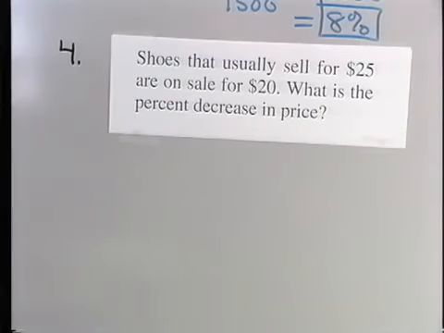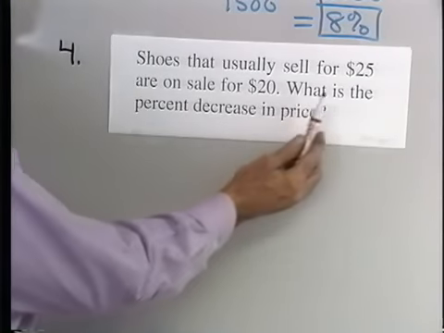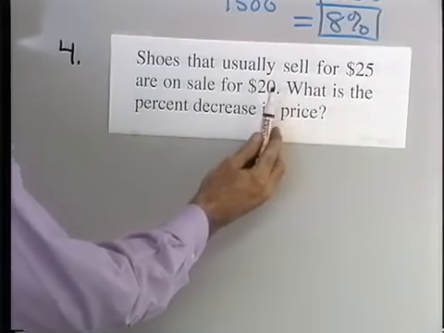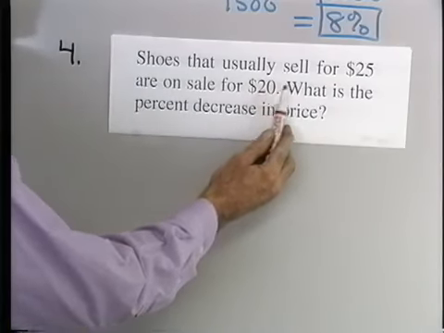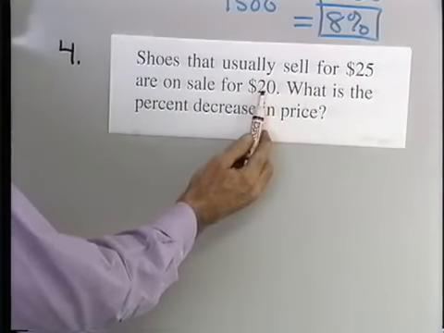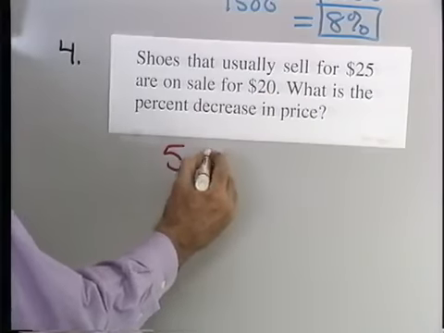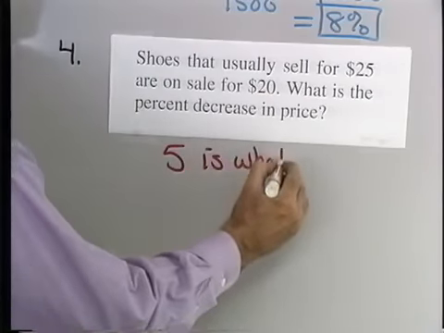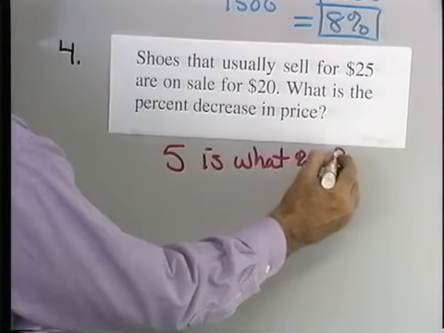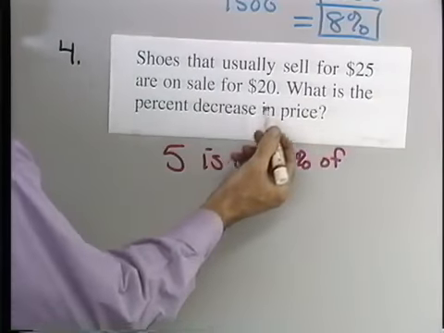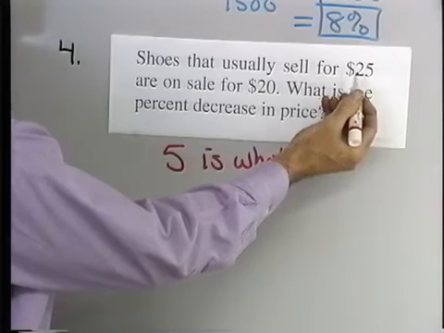Problem 4, shoes that usually sell for $25 are on sale for $20. What is the percent decrease in price? So if they normally sell for $25 and now they're on sale for $20, then they decreased in price $5. So what I want to know is this. $5 is what percent of, and when I do percent decrease, I have to go with my original price, which is $25.